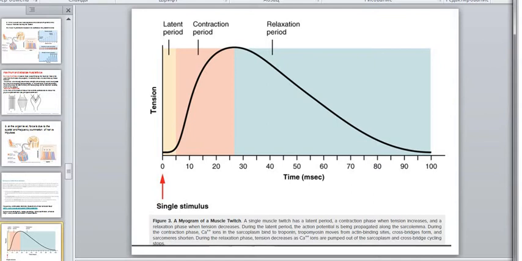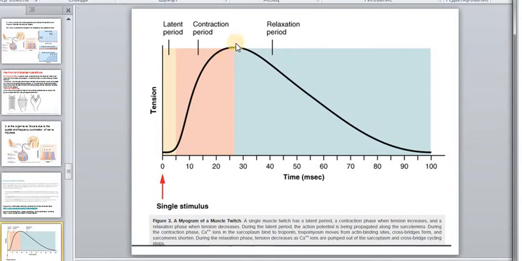The contraction phase, the pink side of the picture, occurs next. The calcium ions in the sarcoplasm have bound to troponin. Tropomyosin has shifted away from the actin binding site. Cross bridges form and sarcomeres actively shorten to the point of peak tension.